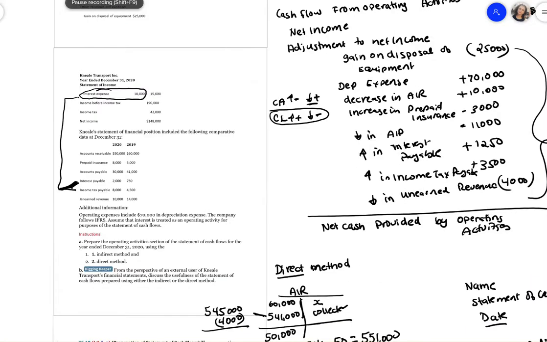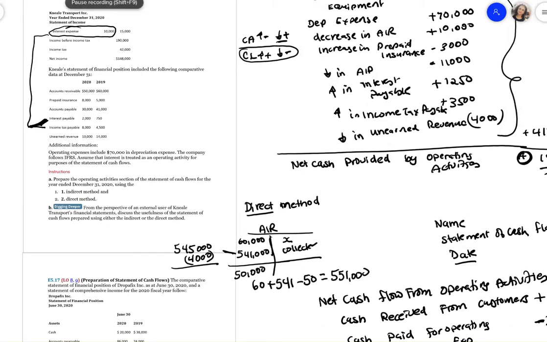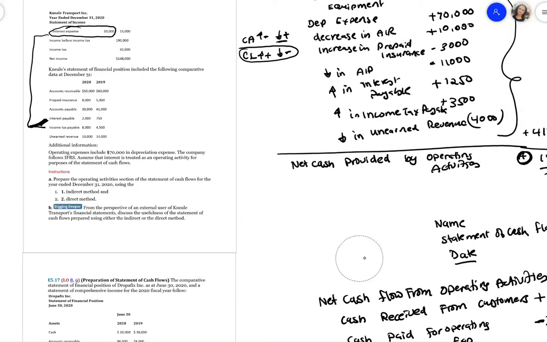So let's look at how we're going to connect them. I'm just going to show it at the corner here. We have an interest payable account. We started with 750 and ended up with $2,000. My current year's interest expense was 10,000. We want to know how much we paid. So you take 750, add the 10,000 and minus the 2,000.